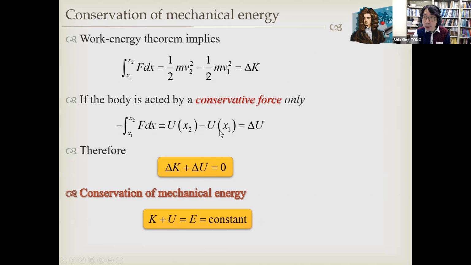That is the potential energy difference between the body at position x2 and at position x1, and I denote it by delta U, the change in potential energy.